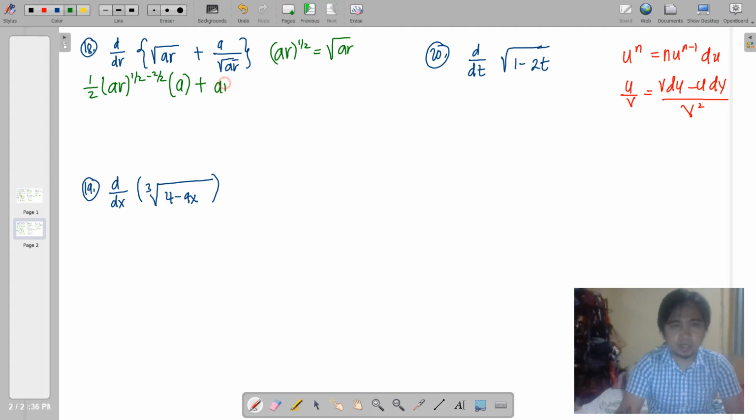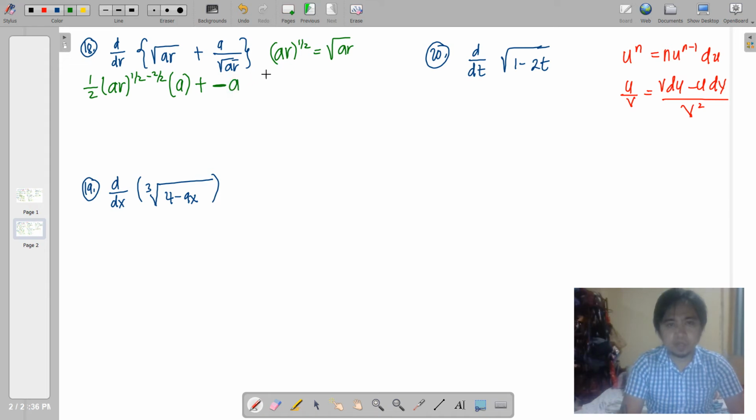Sabihin na natin AR raised to 1/2. Okay? Anyway, whatever. Magmumultiply rin yan sa differential ng numerator which is constant. Yung A constant yan. Differential of A is 0. So, mawawala na yung V du dito. And then, ang maiiwan is U dV. Minus na tayo kaagad. So, U is A.